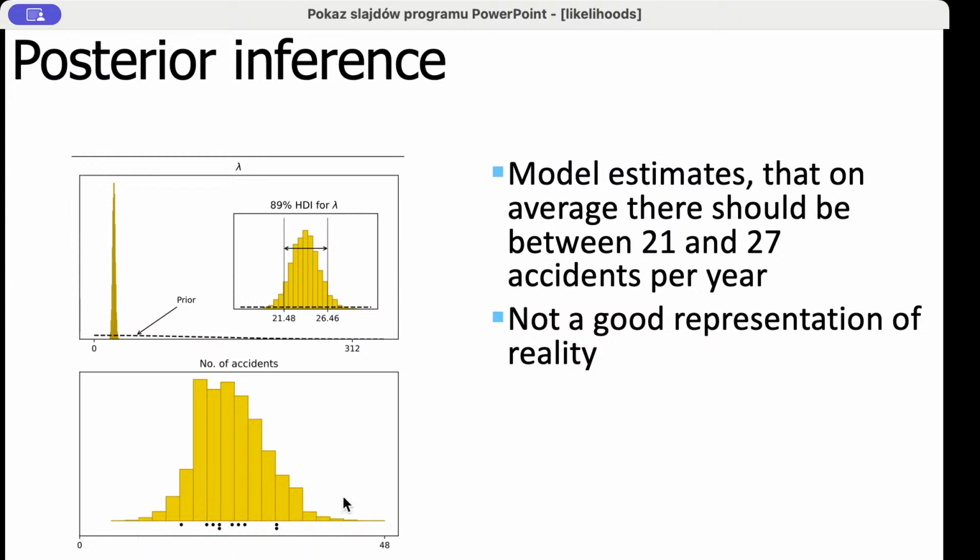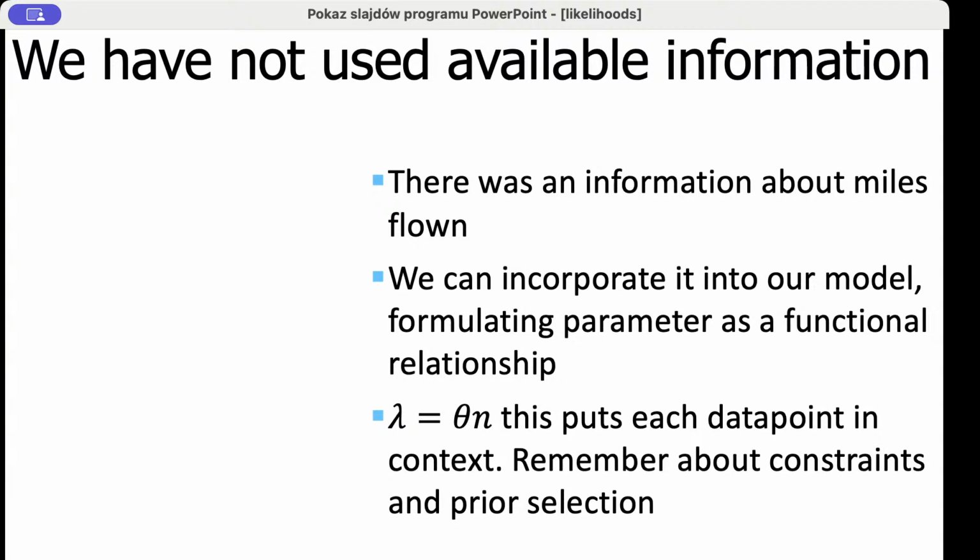And while actual data are not contradicting these results, this is not necessarily a good representation of reality, especially since every year we change the number of flights. That happens because we have not used the available information. There was information about how many miles were flown, and we can incorporate it into our model, formulating a parameter as a functional relationship.